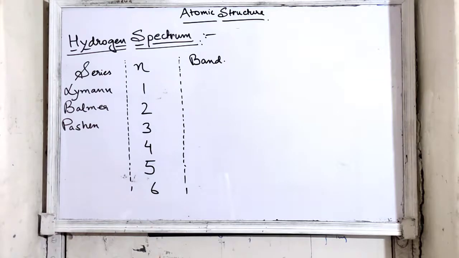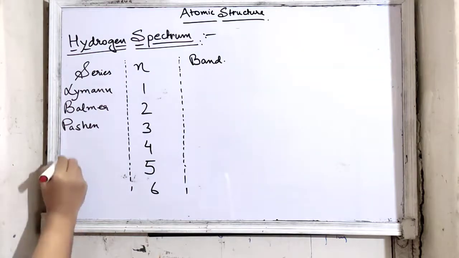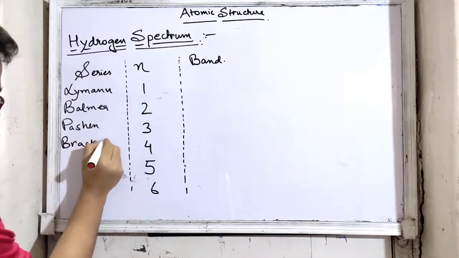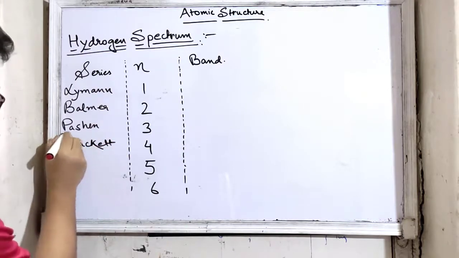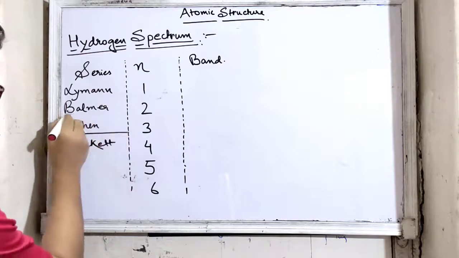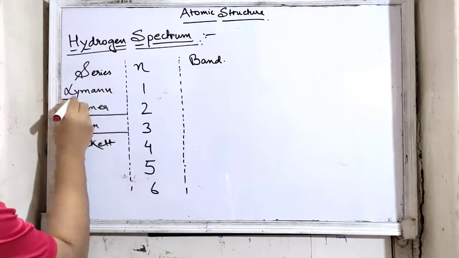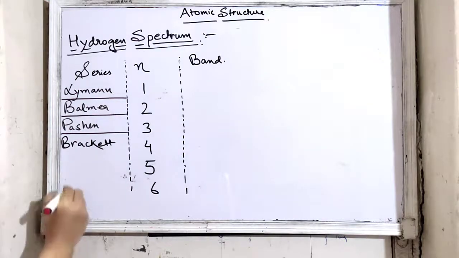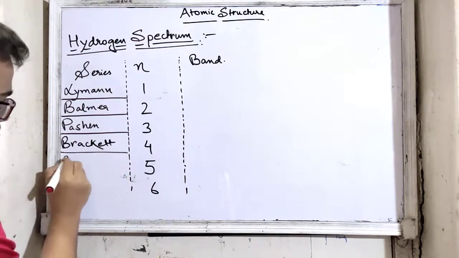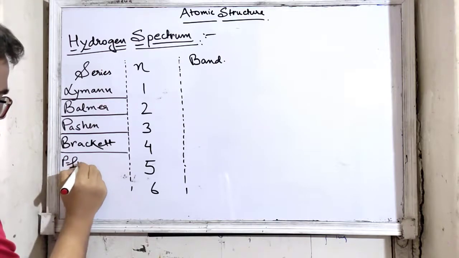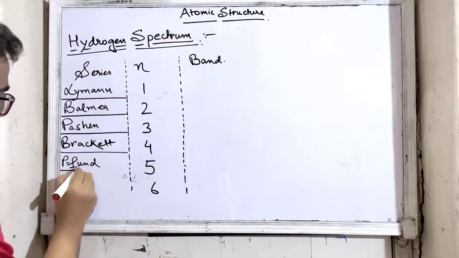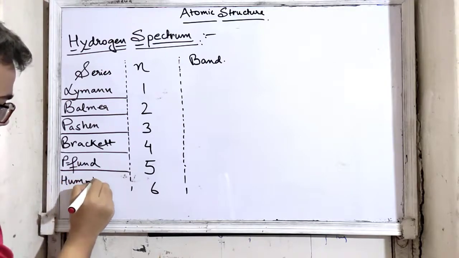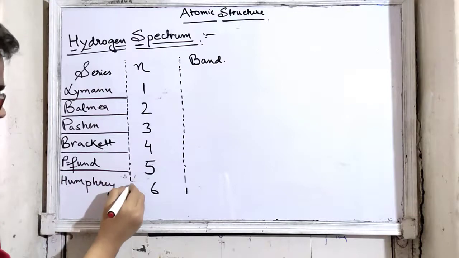Okay, now after this comes the Brackett series. After Brackett series is the Pfund series, but it is called 'fund', the P is silent. After that it is the Humphrey series, right.